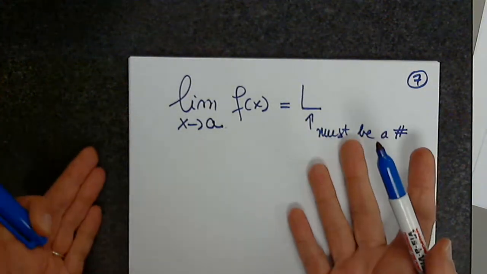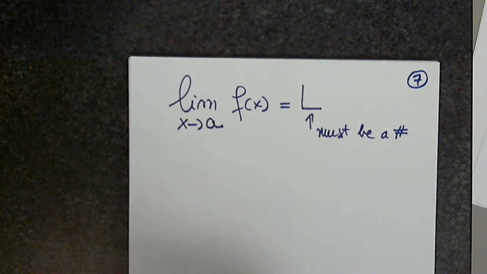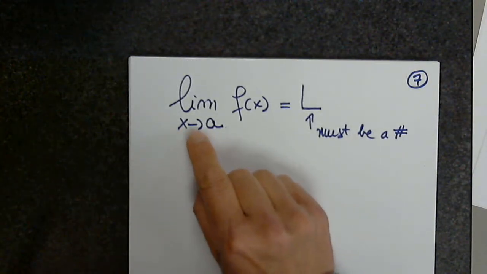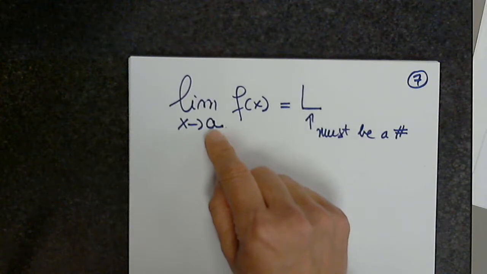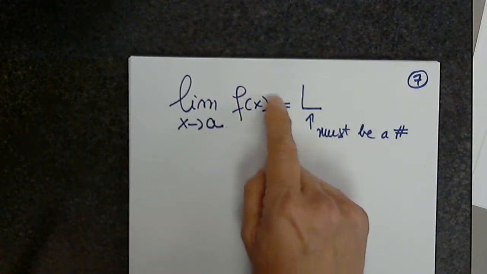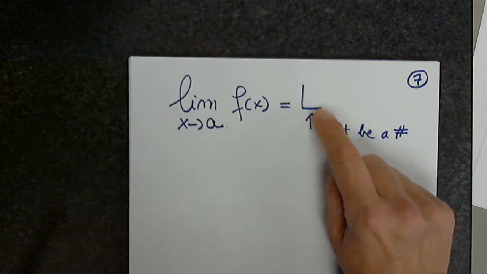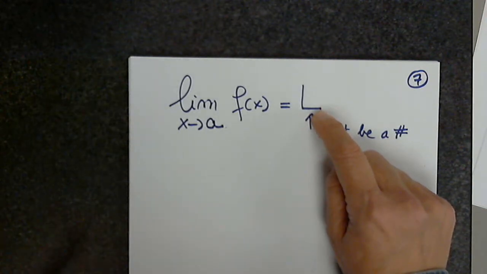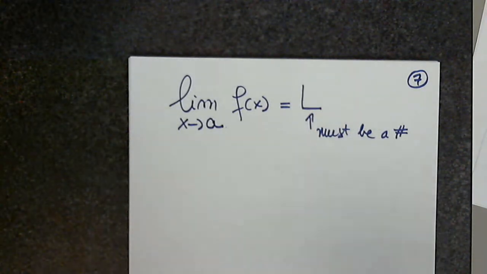So what does this mean? It means that as x gets closer and closer to a, the function values get closer and closer to this, whatever it is. So let me give you an example.